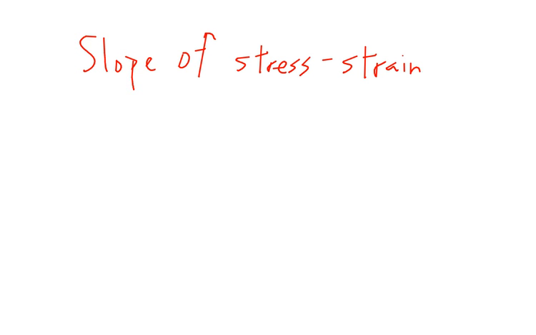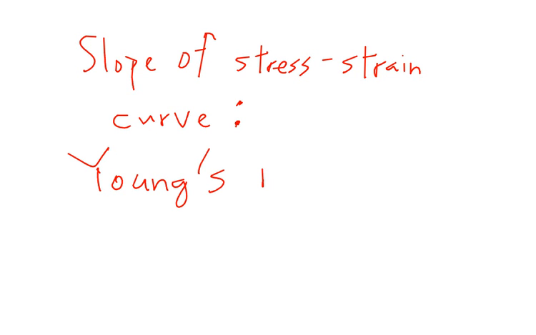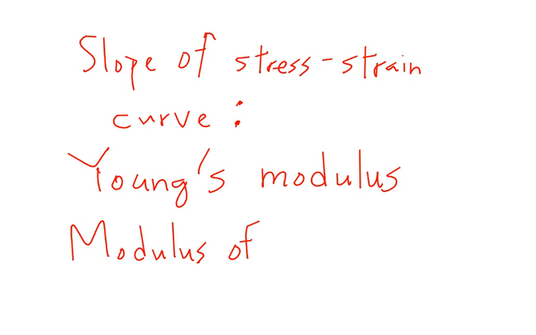So let me summarize this. The slope of your stress-strain curve is referred to as Young's modulus, named after a person, and sometimes it's referred to as the modulus of elasticity.